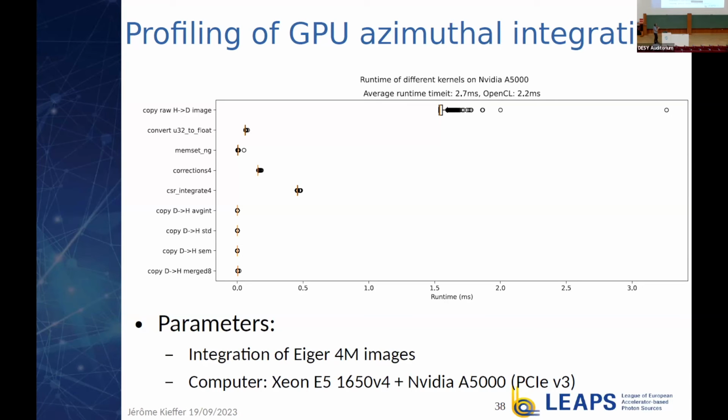We see that most of the time is spent on sending the data from the host to the device. And then we convert the data to float, we reset some arrays, we perform some correction. The azimuthal integration itself is here. It takes 0.4 milliseconds, and then we retrieve the data.